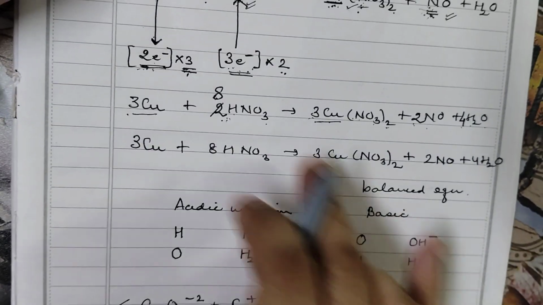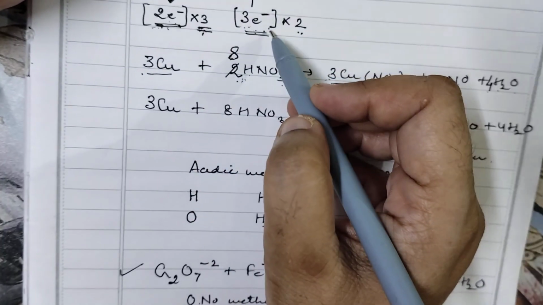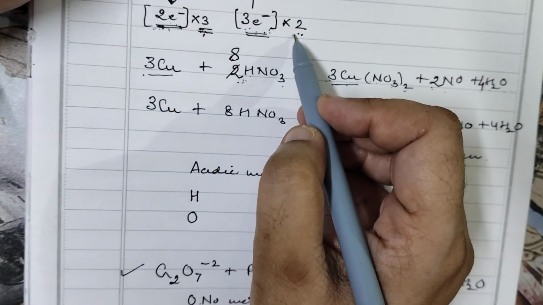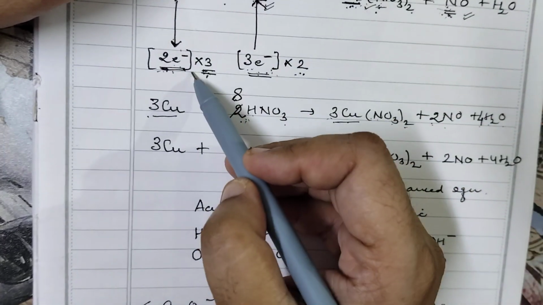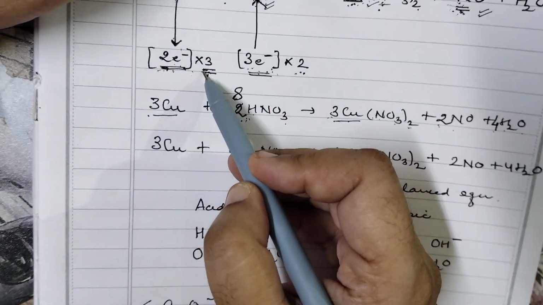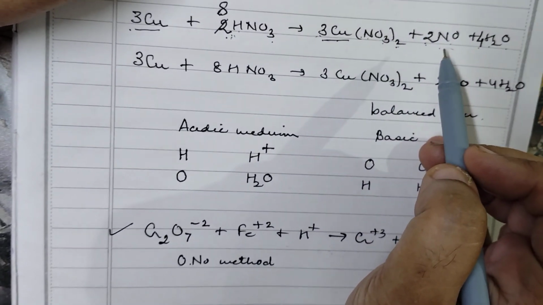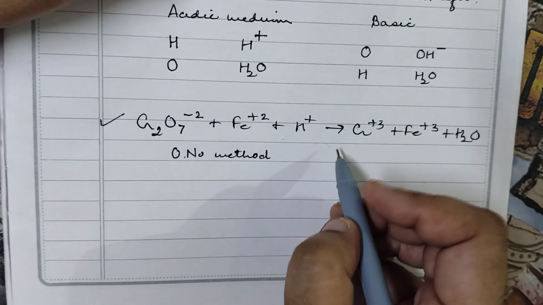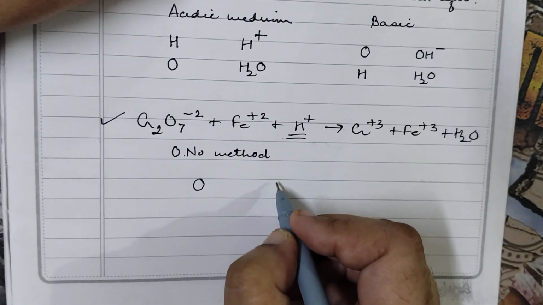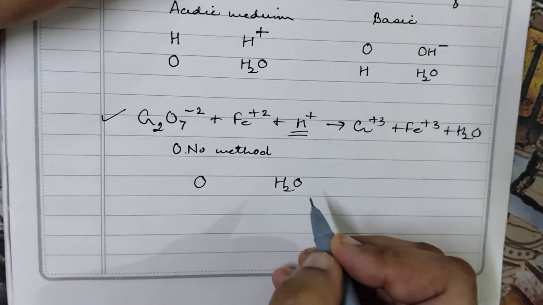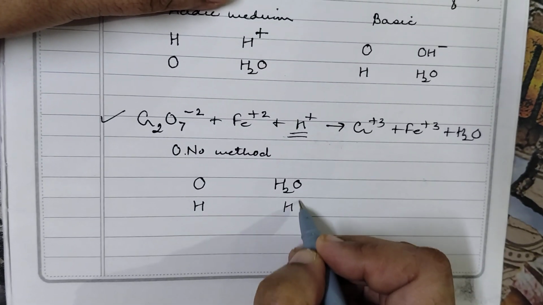You will write the oxidation numbers at the top. After that, you will find out the loss or gain and will make it equal, and every term related to this will be multiplied by that number, and then you will do the usual balancing. And since this is acidic medium, for every oxygen you will add water on the opposite side, and for hydrogen you will add protons.